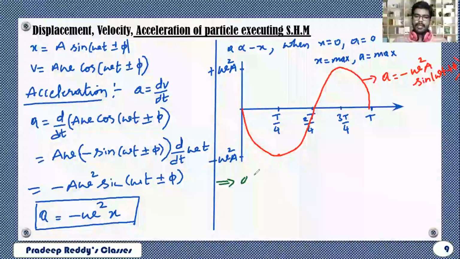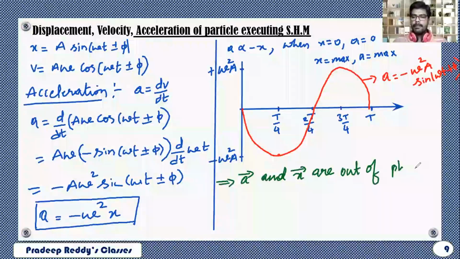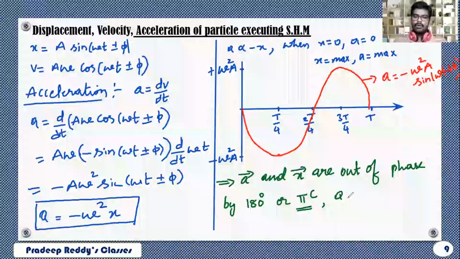Therefore, acceleration and displacement are out of phase by 180 degrees or pi radian. And acceleration is 0 at mean position. Acceleration is maximum at extreme position.